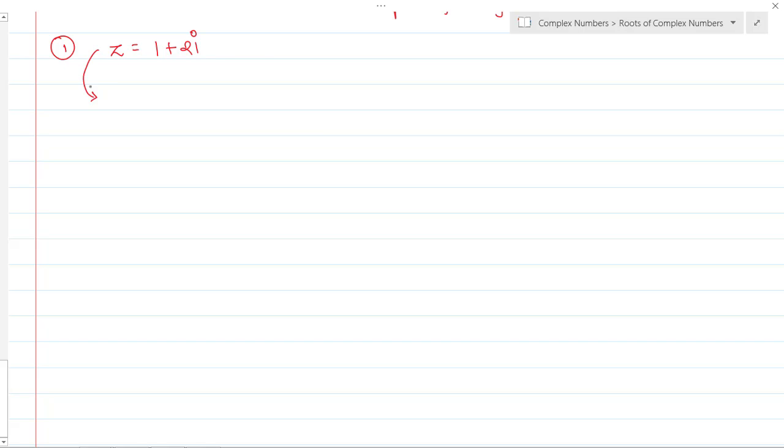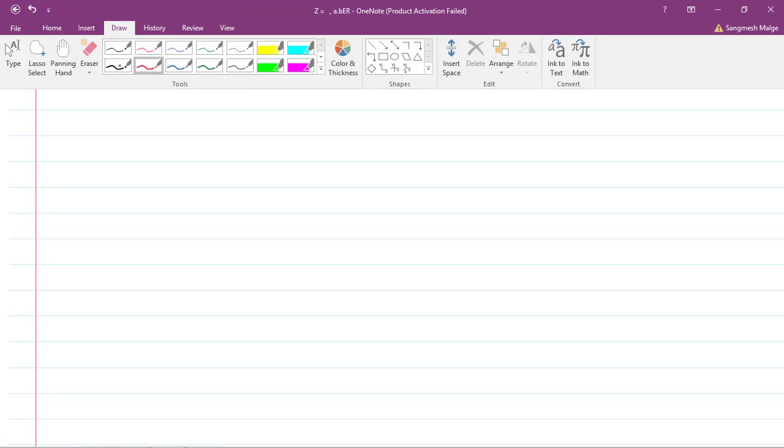First step is what? Get the polar coordinates. So the polar coordinates of z are nothing but P of r comma theta. What is r?